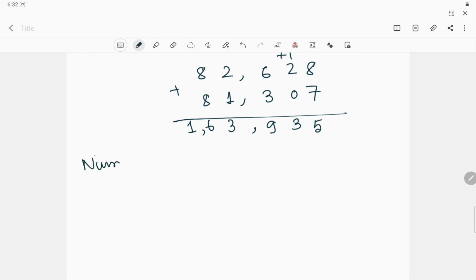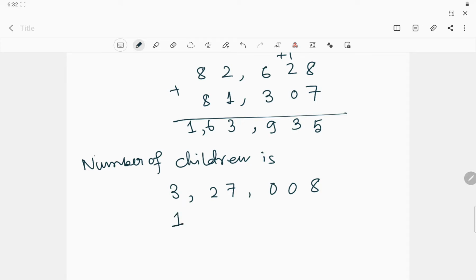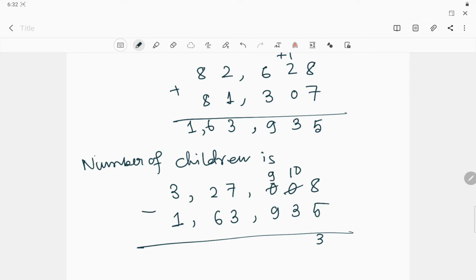So the number of children is, total population is 3,27,008 and the men and women are... subtract it. So 8 minus 5 is 3, so it will be 10 and it will be 9, right?